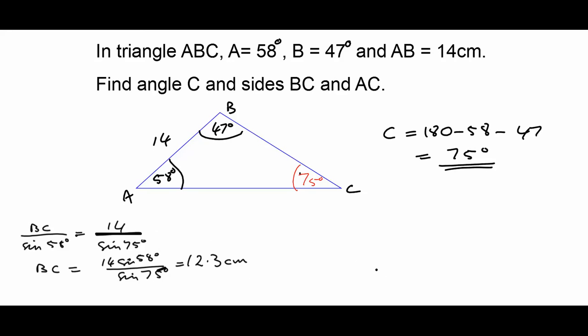To find AC, we do the same thing, but we have AC divided by sine 47 degrees equals, again, 14 over sine 75.